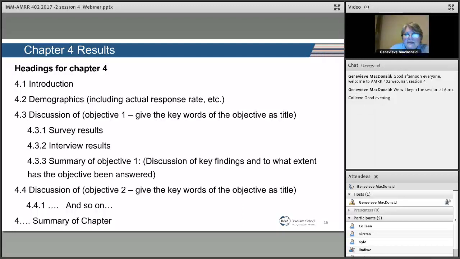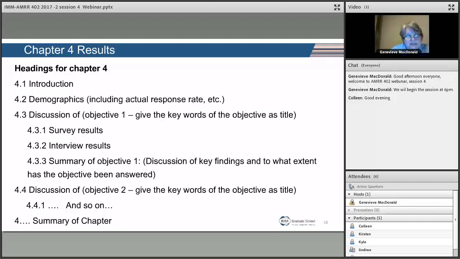And if you have done more than one tool, say you did surveys and interviews, you discuss the survey results of that particular objective and the interview results, and you compare them and see to what extent there are similarities and differences. And then in the end you have a brief summary for that particular objective, where you discuss the key findings and to what extent the objective has been answered or not.